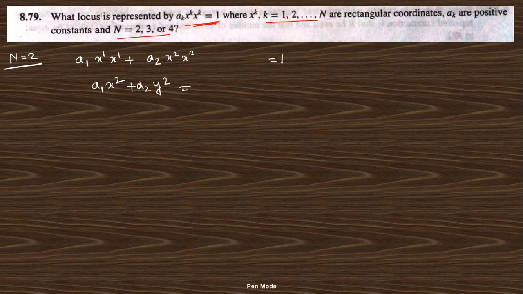So you will get these two terms, and you can rearrange this as x square by a square plus y square by b square equals 1, like that. So this is the equation of an ellipse. Clear?